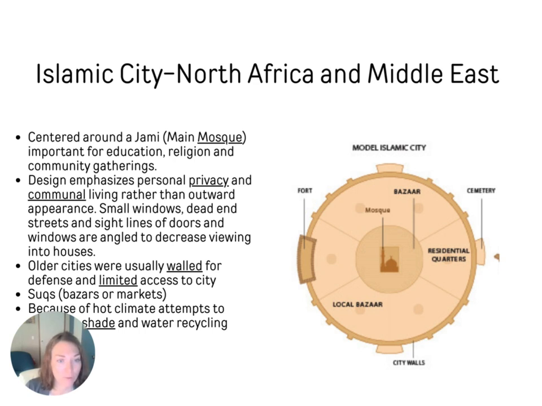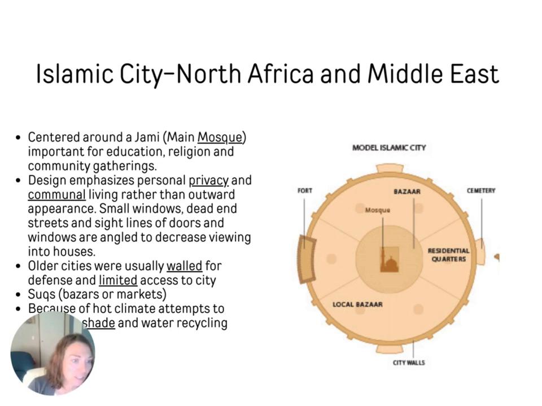The Islamic city model is going to apply to cities in North Africa and the Middle East. It's always centered around, instead of a downtown, a religious point, like a mosque. And it's going to be important for education, religion, community gathering. Another huge point is these market areas.